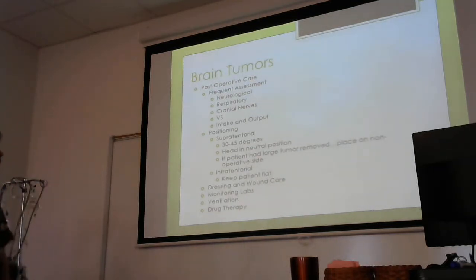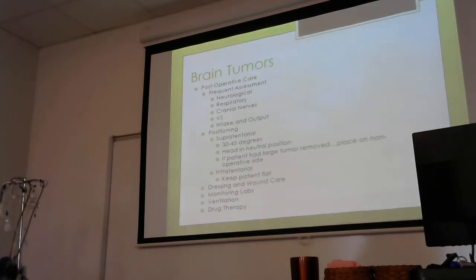With an infratentorial tumor, we lay the patient flat and we try to put them on their non-operative side. So with infratentorial tumors, we enter the skull low at the base of the skull, because remember it's the cerebellum or the brain stem that we're accessing. And so we enter the skull low.